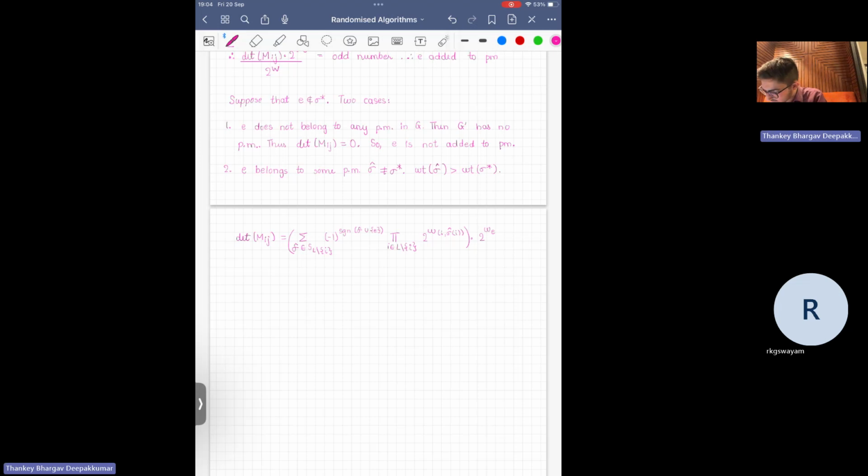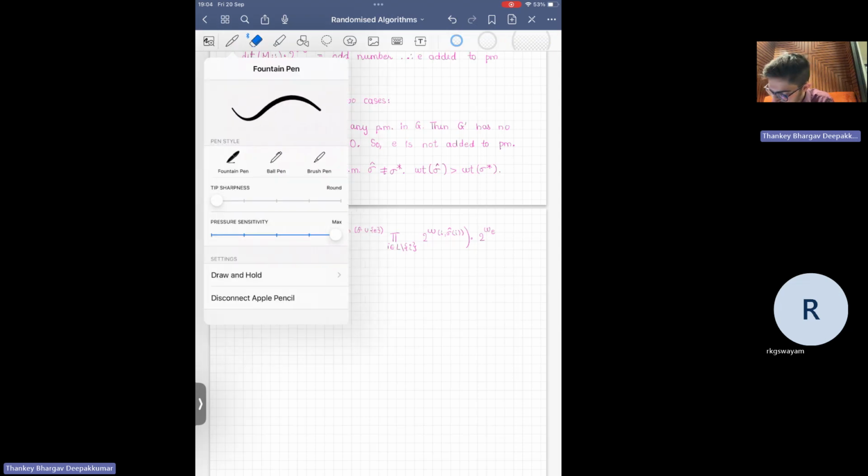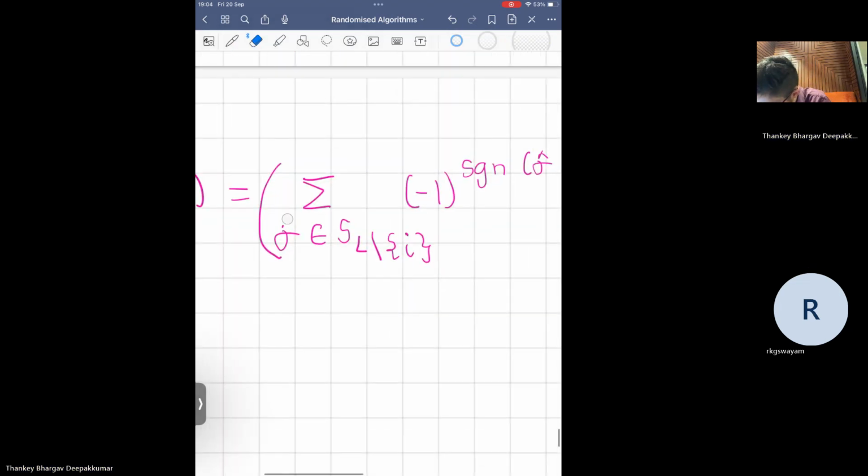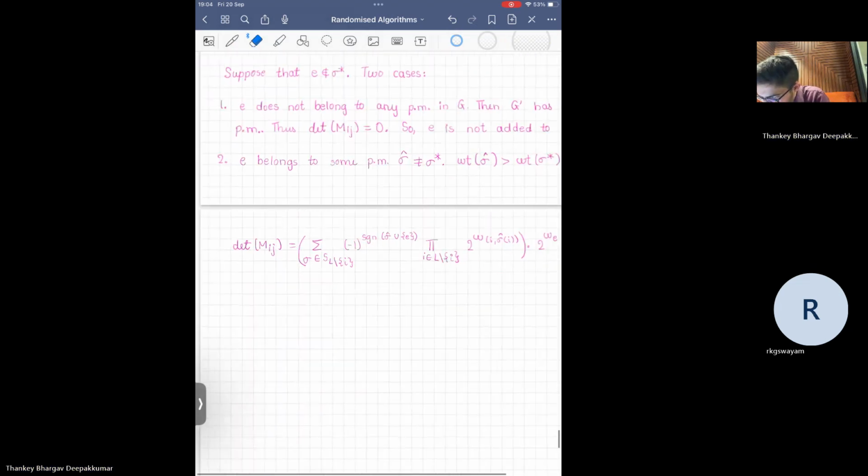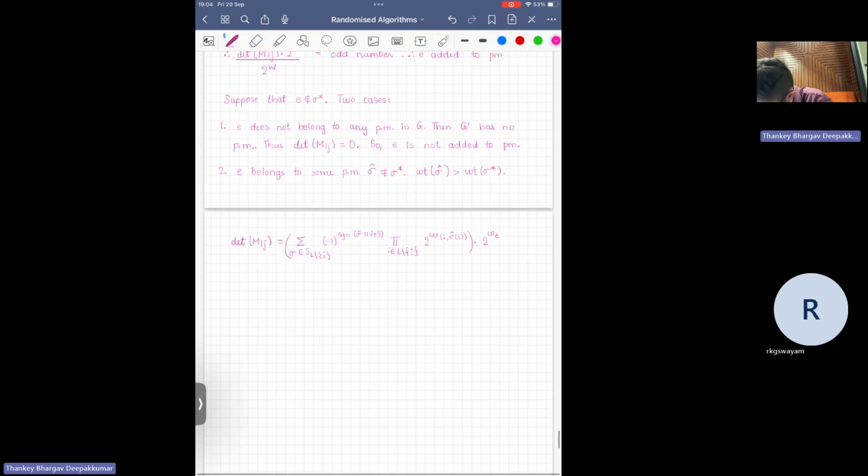Sigma hat, oh no, sigma hat is not right. I should write sigma prime. Sigma prime is a smaller permutation.